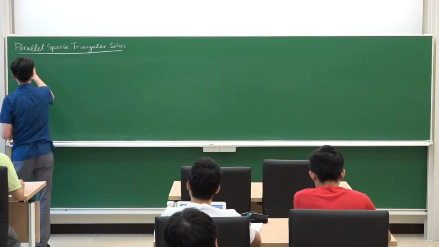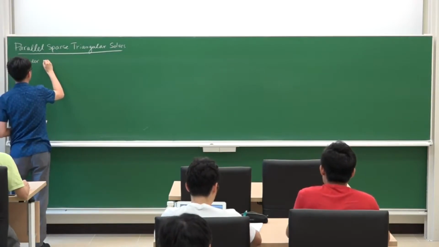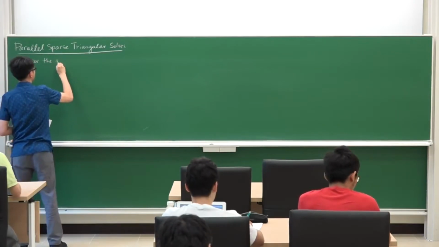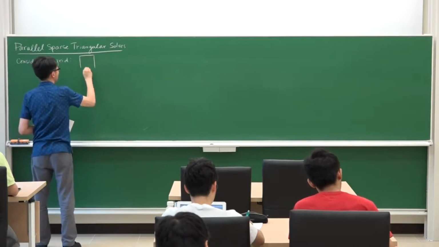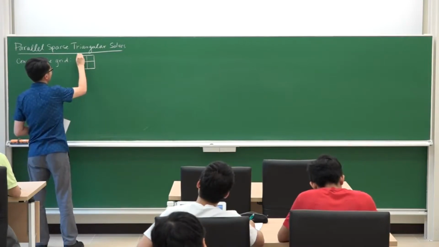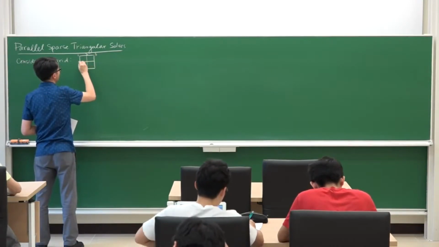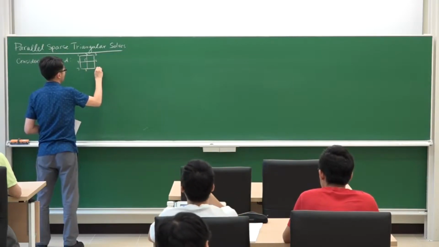Okay, so let's consider first a very simple problem that comes from this grid. Okay, so a very simple grid, 3x3 grid, using the natural numbering.